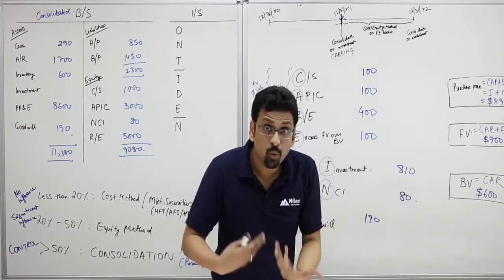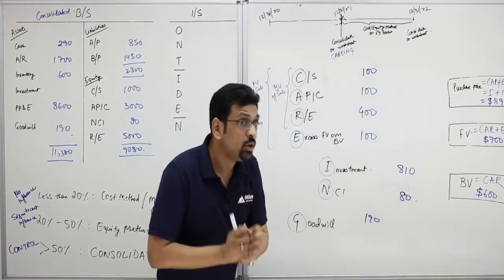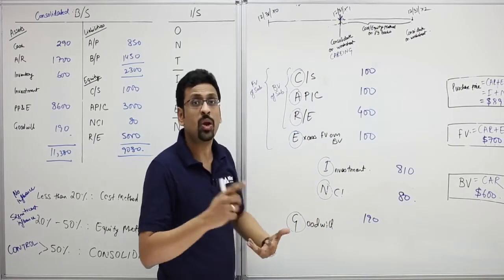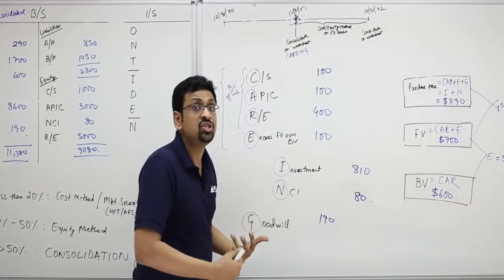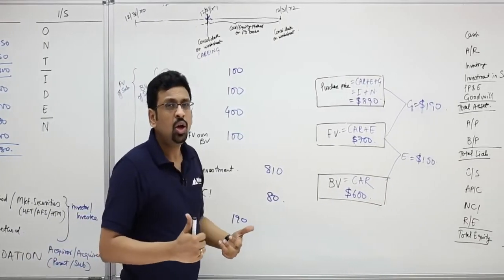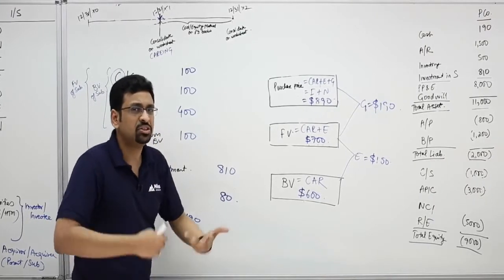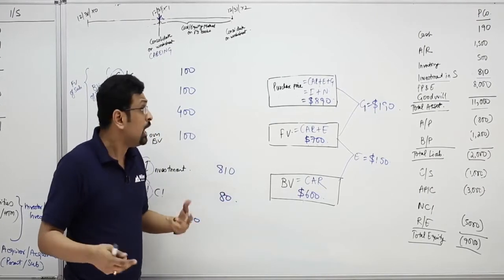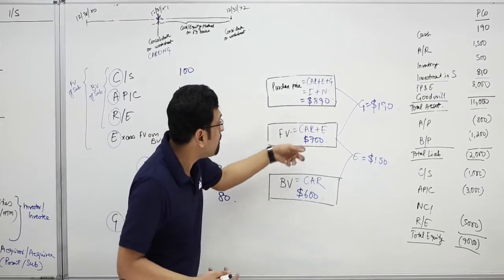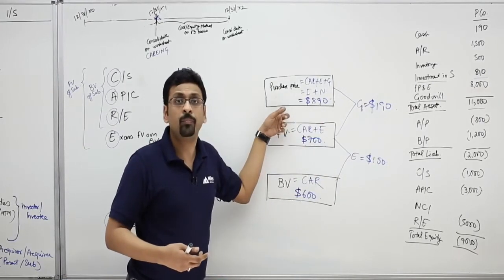Now guys, before we move on and look at this example, I want you to compare consolidations when we have less than 100% stake with the equity method. So in the equity method, where you could have, let's say, 30% or 40% ownership, we used to multiply everything by the percentage ownership.